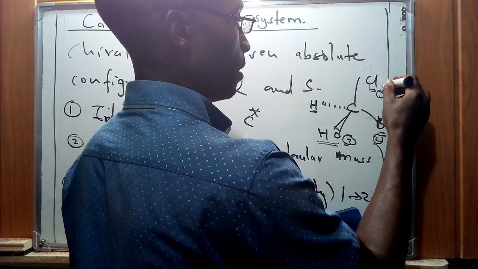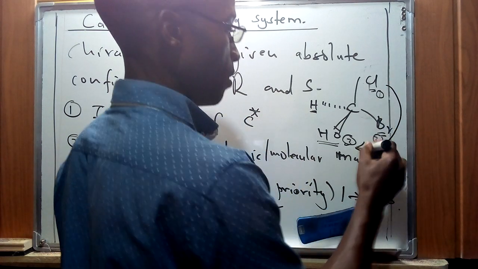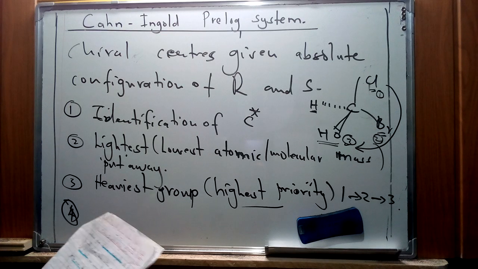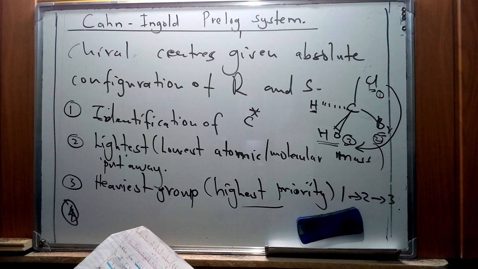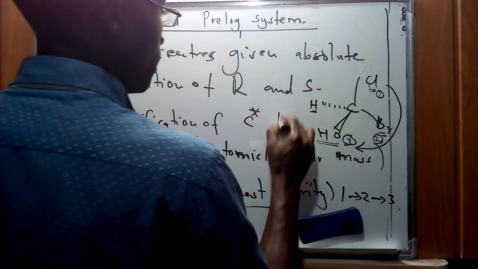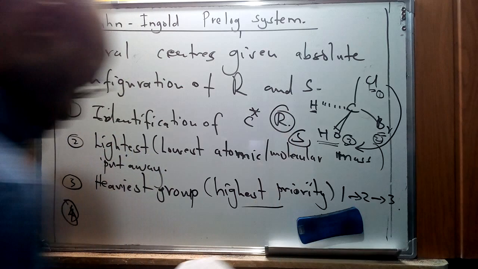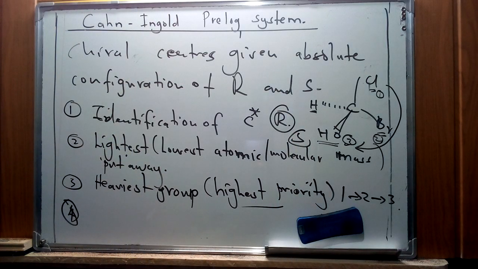Then the trend goes either clockwise or anti-clockwise. The one that goes clockwise, the center is named R, and the one that goes anti-clockwise, the center is named S. We're going to give that illustration using examples that I'm going to draw on the board.